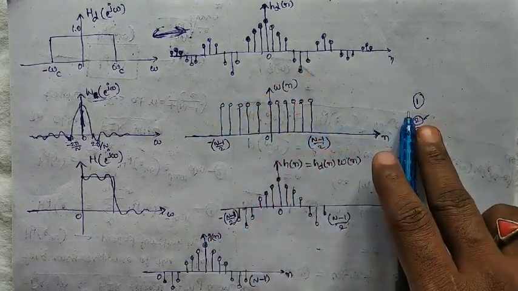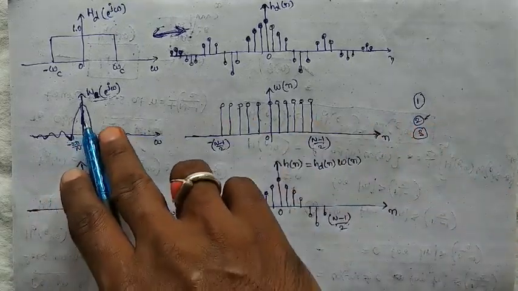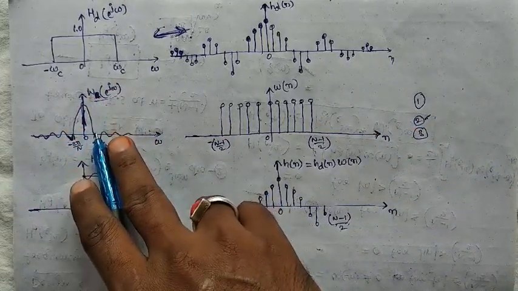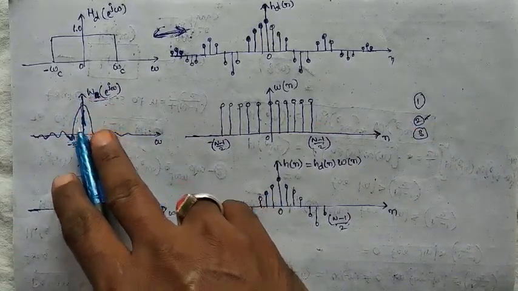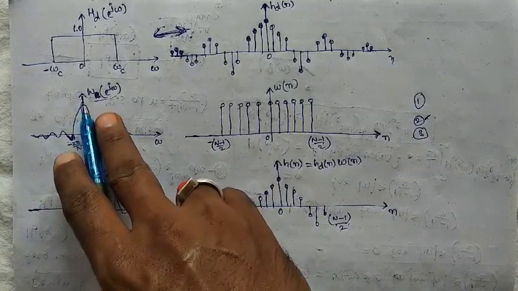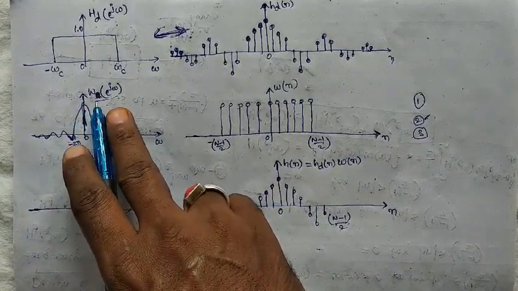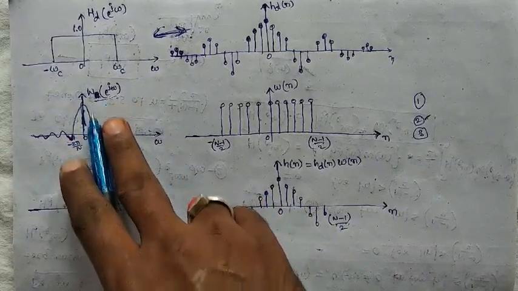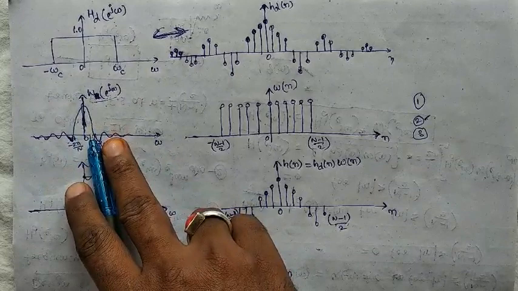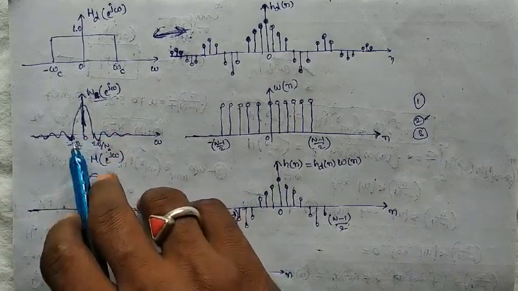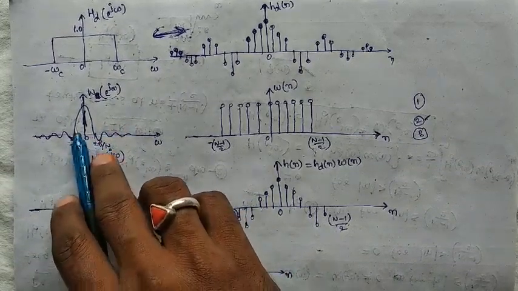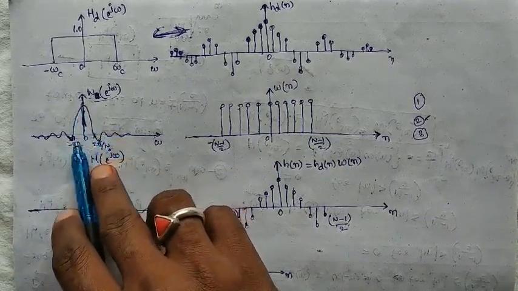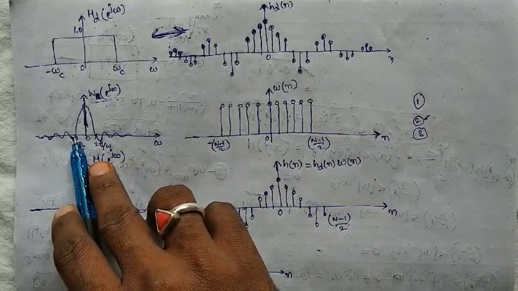First, the central lobe of the frequency response of the window should contain most of the energy, and the width of the central lobe or main lobe should be narrow.